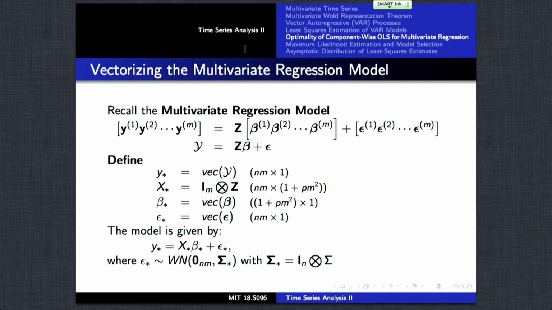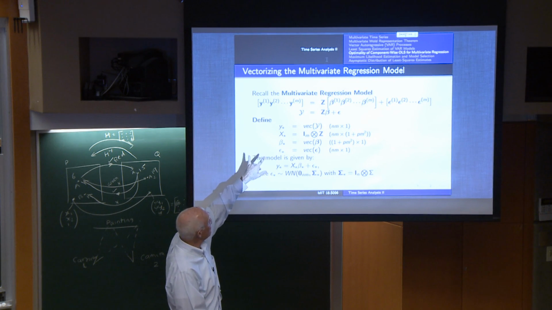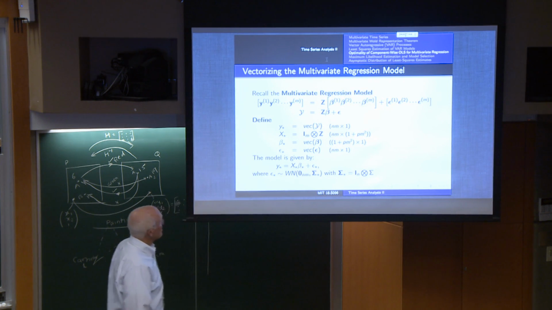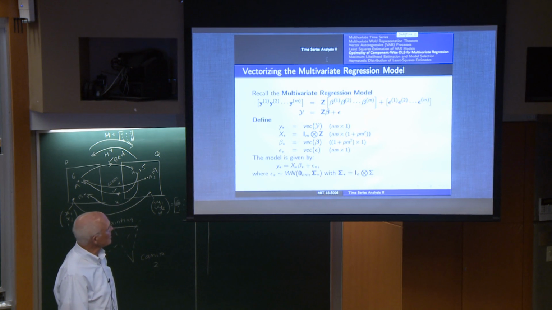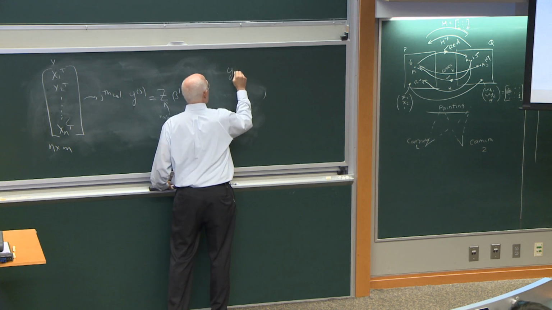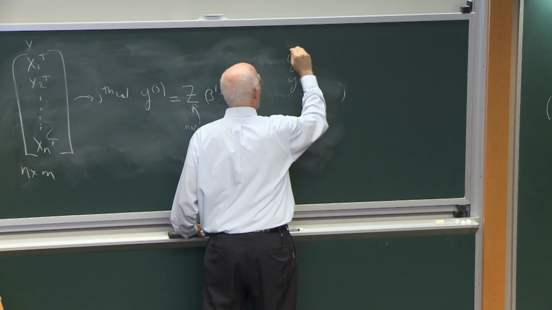And this multivariate regression model is one where it's set up as an n by m matrix Y, having that structure. It can be expressed in terms of the linear regression form as y star equaling the vec of y. So we basically have y1, y2 down to ym all lined up.